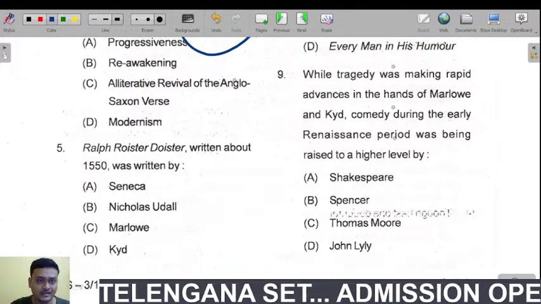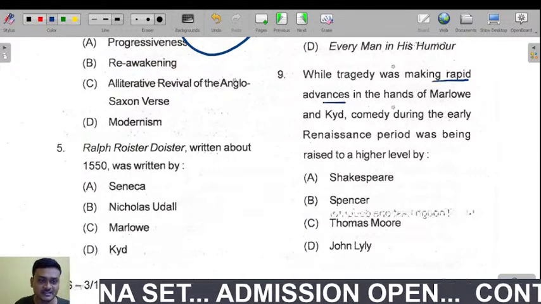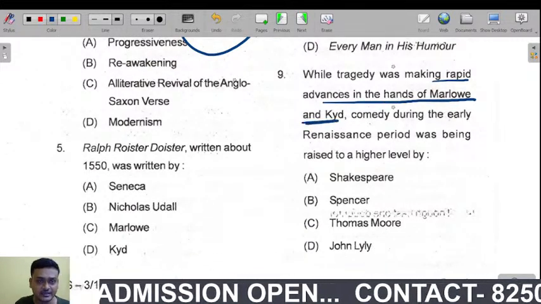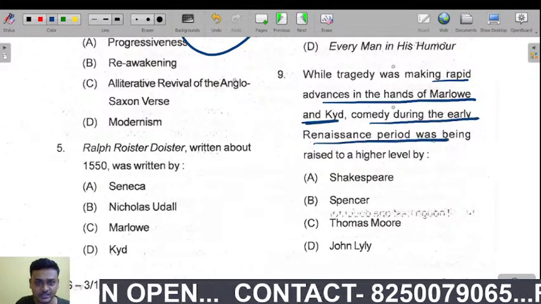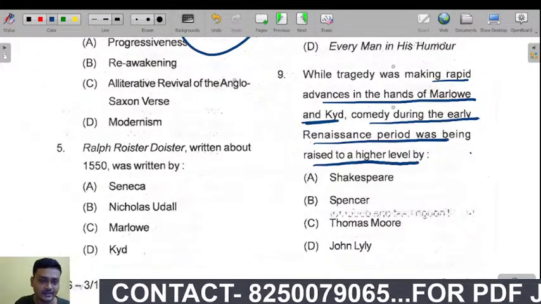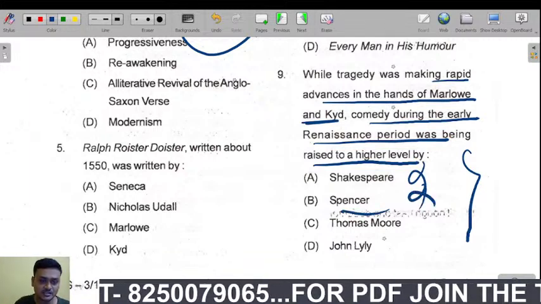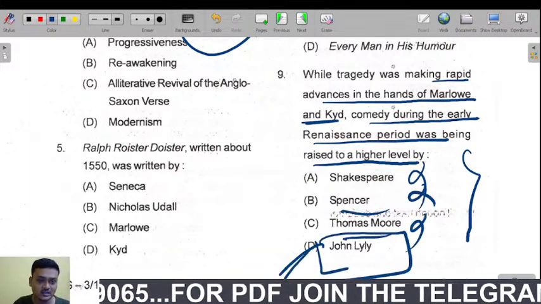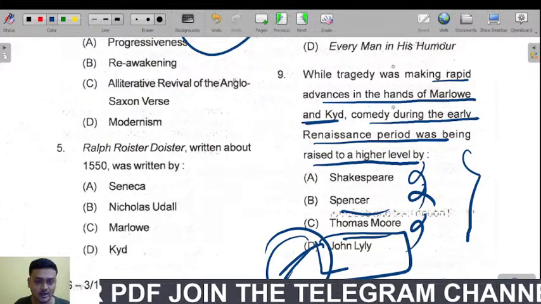While tragedy was making rapid advance in the hands of Marlowe and Keats, comedy during the early Renaissance period was being raised to a higher level by Shakespeare, Spenser, Thomas Moore, John Lilly. John Lilly was actually popularizing what comedy?